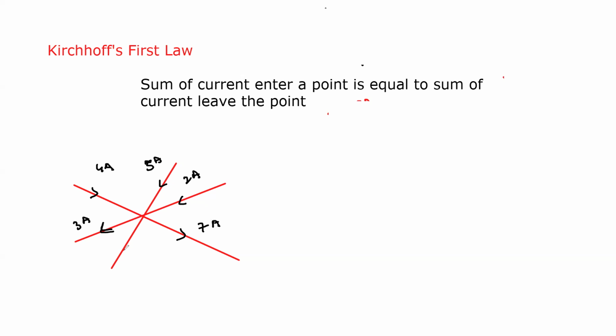You want to find what the current is in this one and the direction. According to Kirchhoff's first law, the total current which enters at any point will always be equal to the total current which leaves the point. This is a point where all intersect.